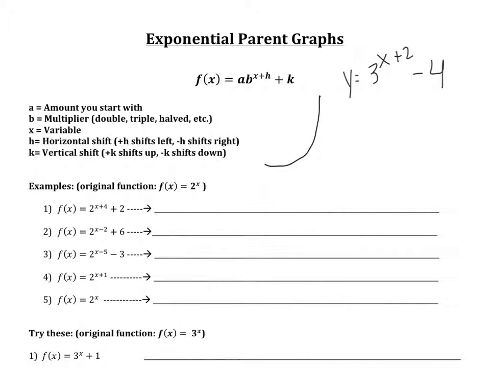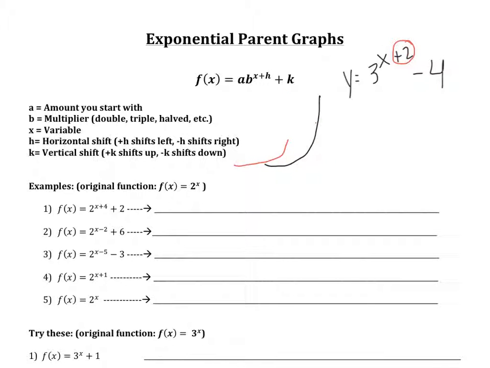If we were to have a positive h, like we do here, it would shift it to the left 2 units. So it would look something like this, where it's been shifted over 2 units. That's what h does. H shifts it left or right. If it's positive, it shifts it left. If it's negative, it shifts it right.